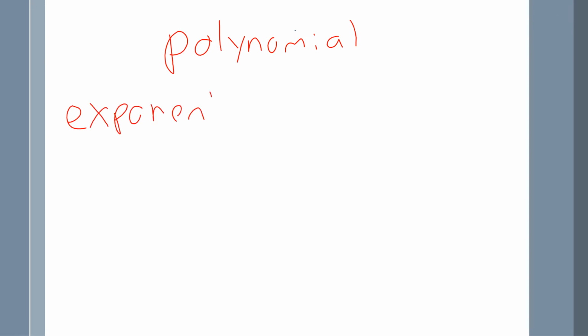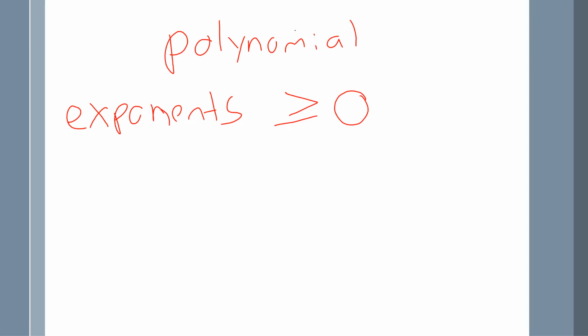So let's deal with these exponents, because they're the thing we've been dealing with since day one: exponents, characteristics of functions, and polynomials. Let's remind ourselves of what it means for a function to be a polynomial. That means the exponent has to be greater than or equal to 0.